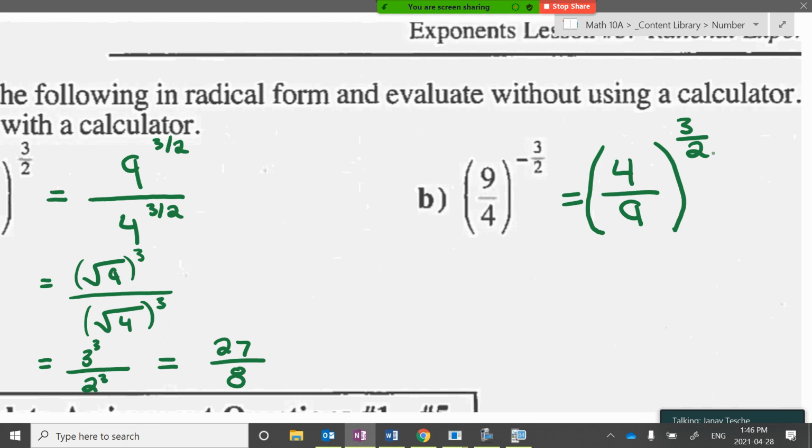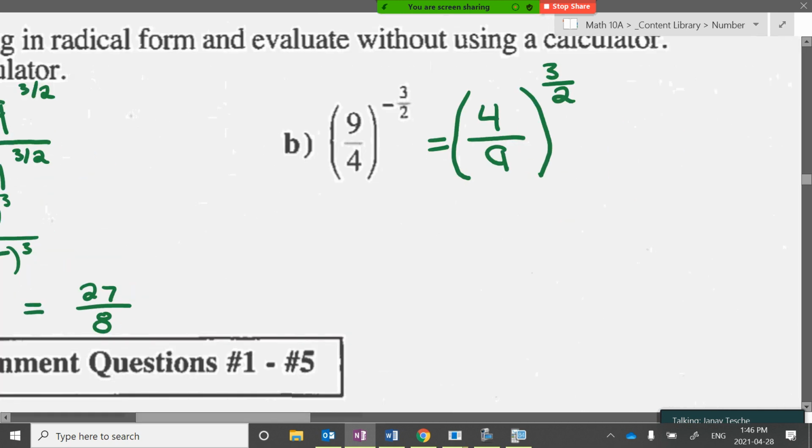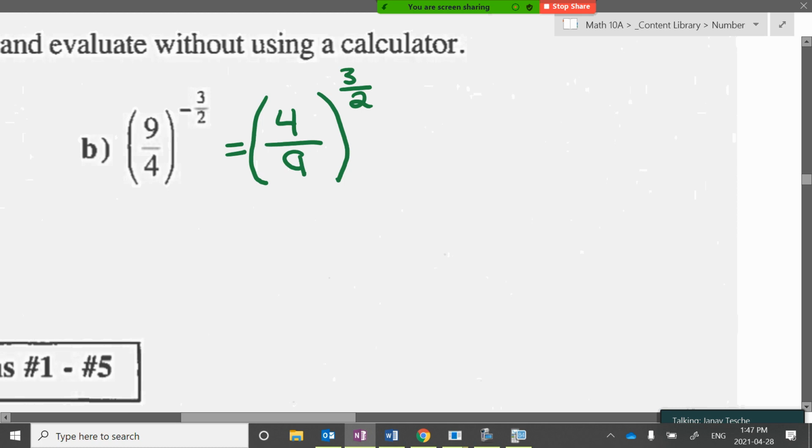Go ahead, Khalil. So, why can I just flip it? Because, coming back from yesterday's lesson, this would be equivalent to 9 to the power of 3 over 2 over 4 to the power of 3 over 2. And then I would have to move them each to make the exponent positive.